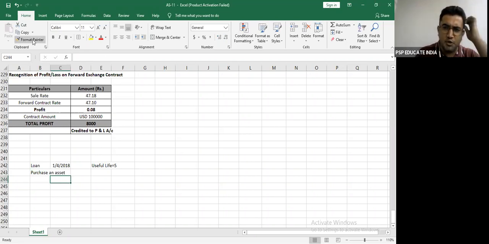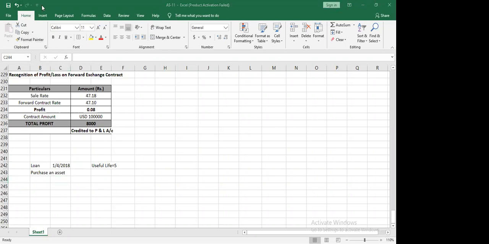My first question to each one of you in the chat box is, is this a monetary item in the form of LTFCL, yes or no?